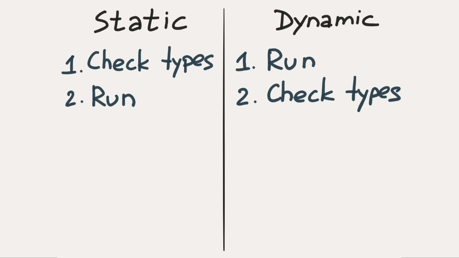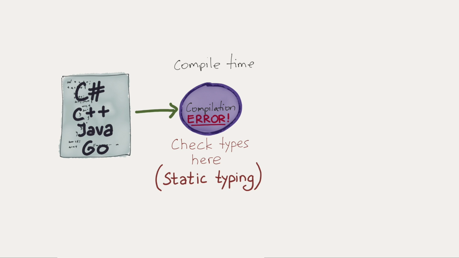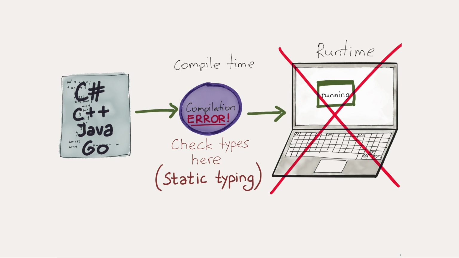Dynamic typing means checking the types while running the program. C#, C++, Java, and Go are statically typed languages. If you create a number and try to treat it as a function in one of those languages, you'll get an error during compilation, and your program will not even try to run. It won't get to that point because a type error would have been found before runtime, at compile time.